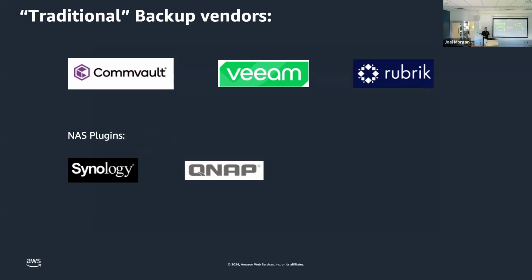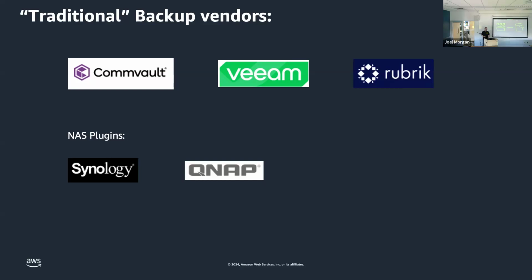Commvault, Veeam, Rubrik, Backup Exec, NetBackup, all the Veritas stuff. Those all have integration with S3. So if you have an IT data center and you use a traditional backup application to back things up, they all work with S3 these days. So just wanted to mention that there's a plugin.